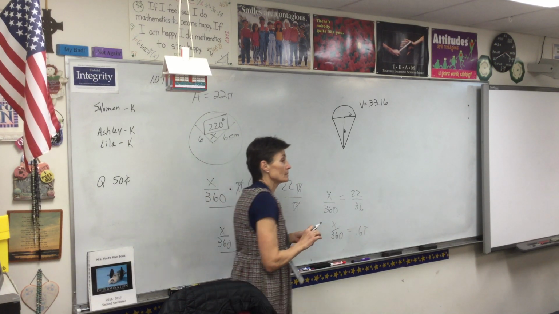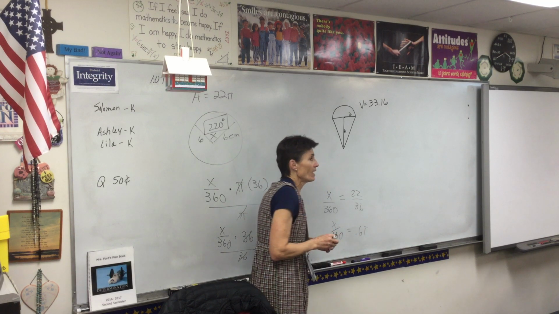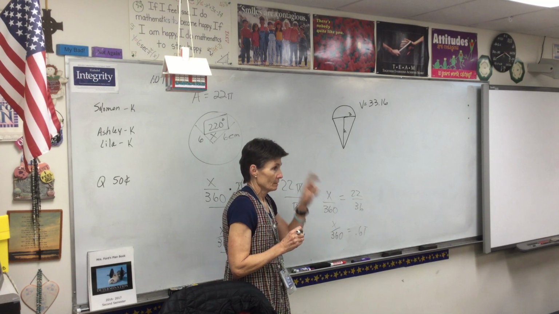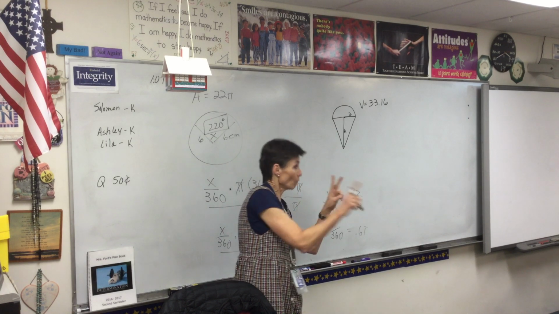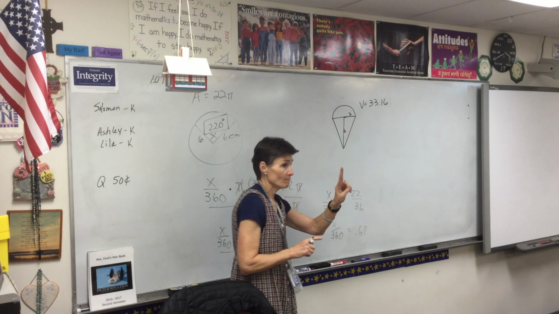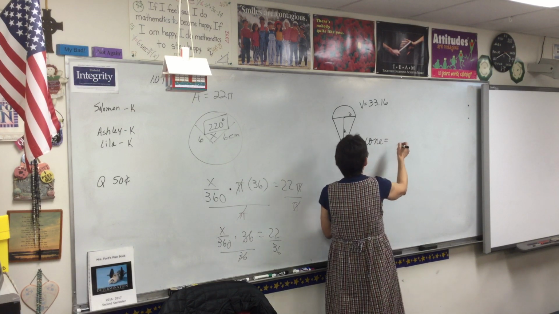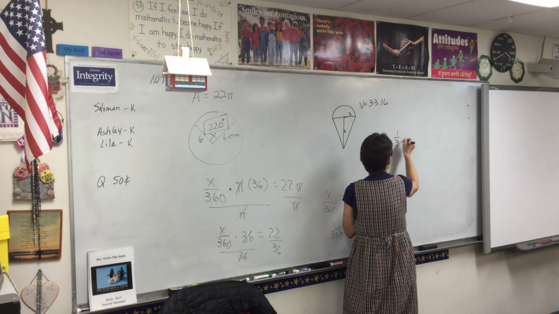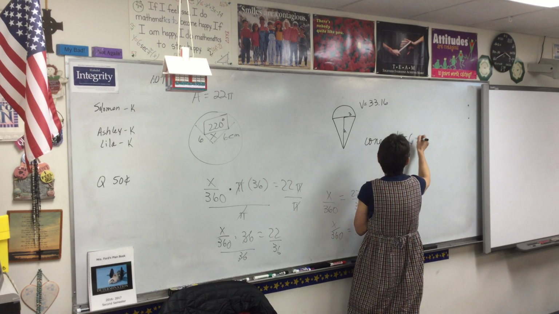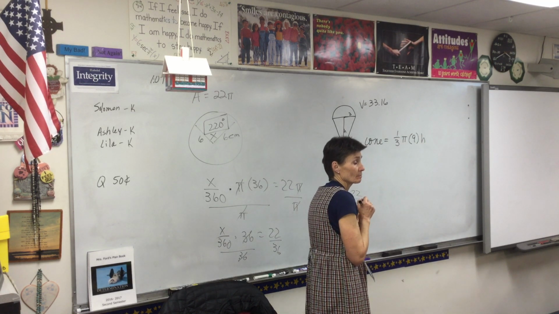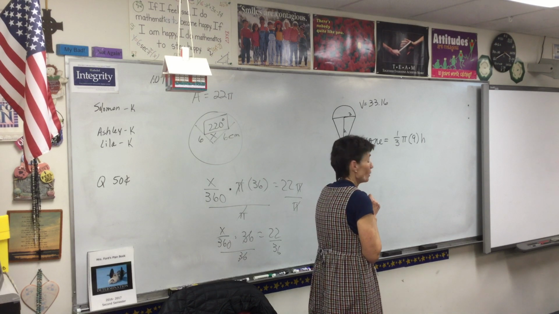Okay? So here we go. How do we find the volume of an ice cream cone? It's two formulas, right? Double. So we have to find the cone itself, which would be 1/3 pi r squared h. Nope, we don't know it.